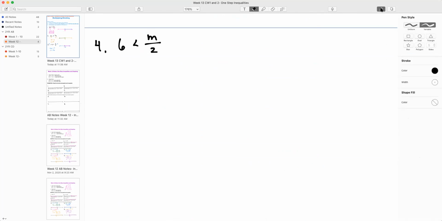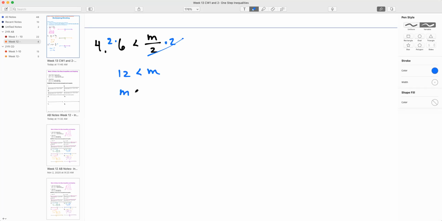Our first step, assuming you have tried it on your own, is to do the same kind of thing. Multiply both sides by this denominator right here. Then we get 12 is less than, and then those 2's cancel, m.